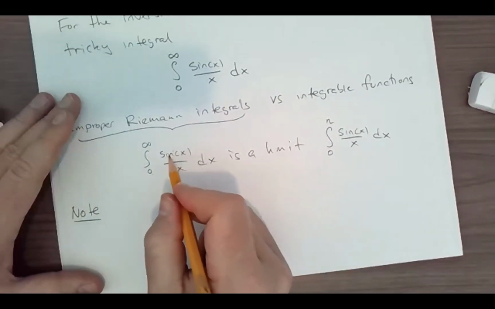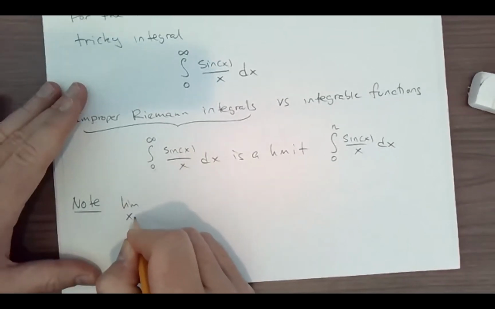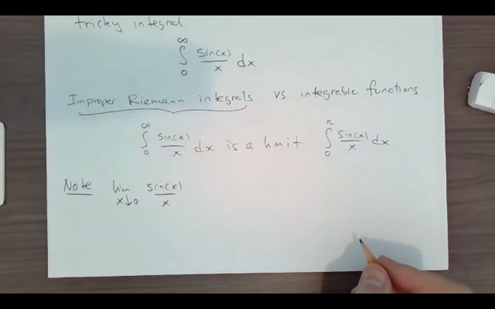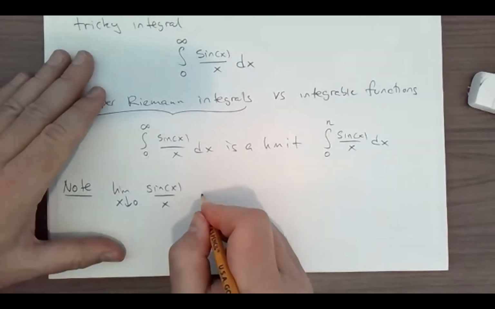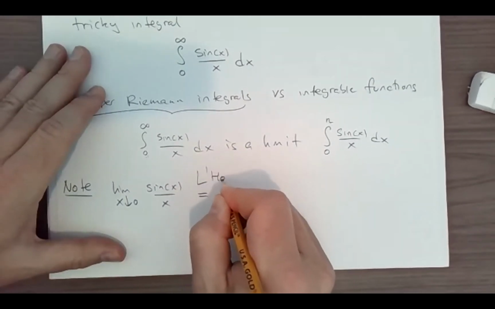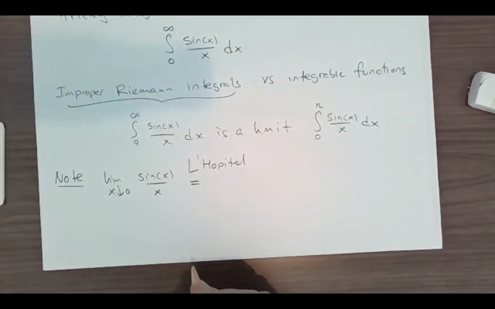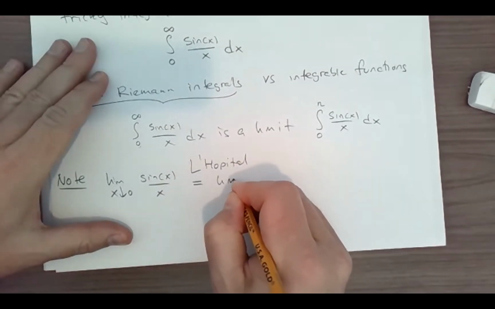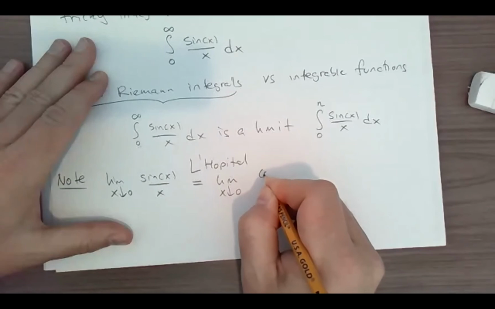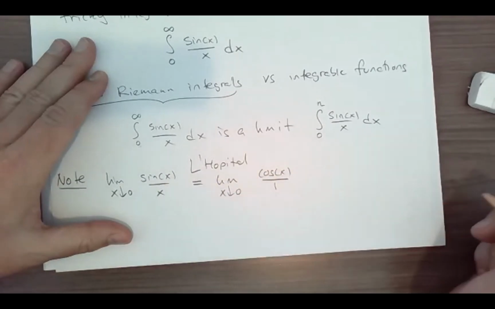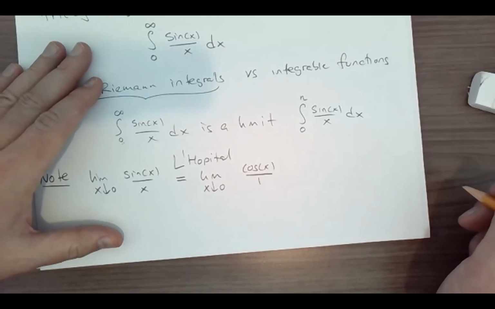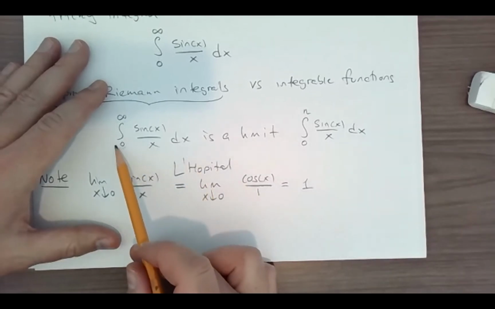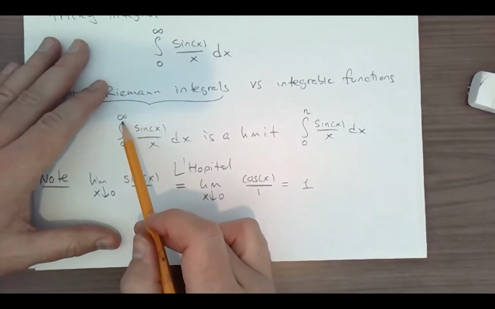If I look at the integrand around 0, the limit as x goes to 0 of sine x over x, I can use L'Hopital's rule. You compute derivatives, so this is the limit as x goes to 0 of cosine x over 1. So this is going to be 1. So the behavior around 0 is not the problem. It's the behavior out here near infinity.